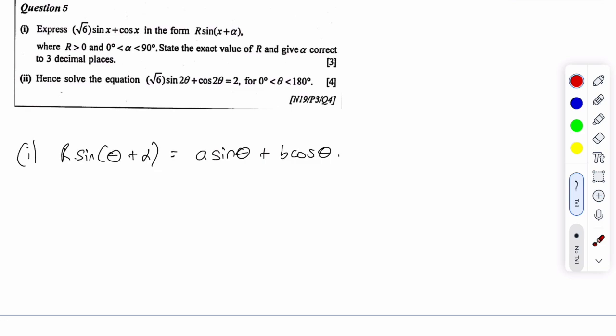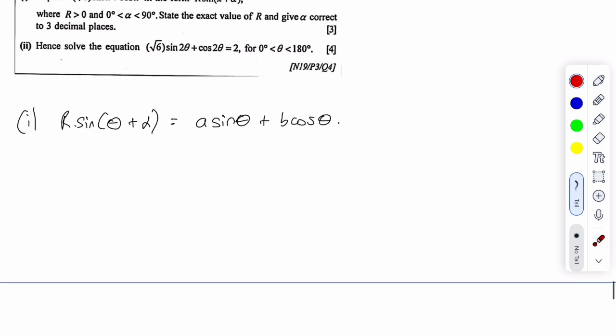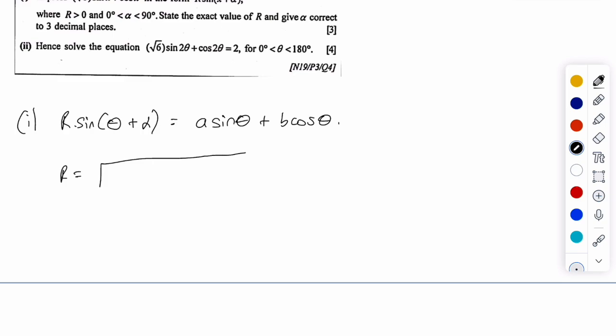So using that, we can say, all right, r is going to equal root 6 squared plus 1 squared, which equals root 7. Okay, now tan alpha is equal to what? Opposite over adjacent.